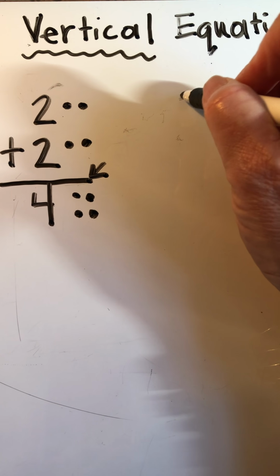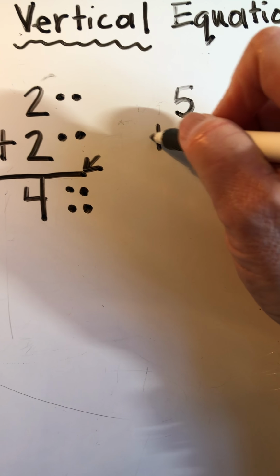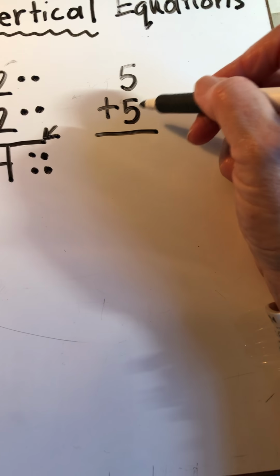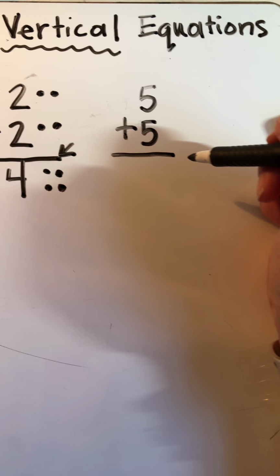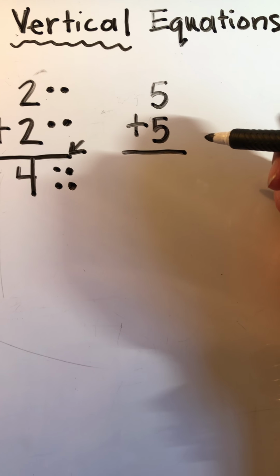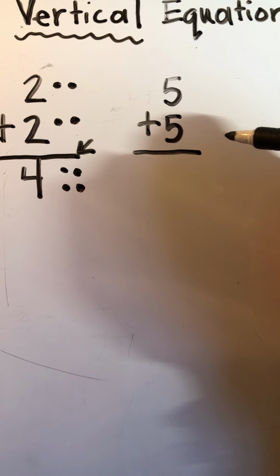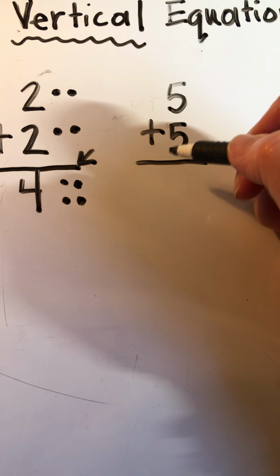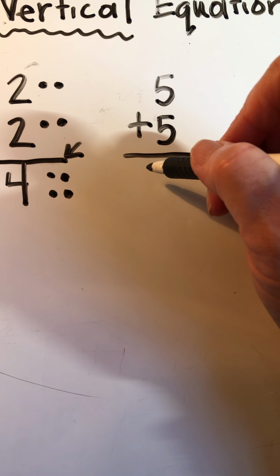I'm going to do another fact that I know you guys all know. 5 plus 5. So what's 5 plus 5? Of course, it's 10. So when I go to write my answer 10, I'm going to be a little bit careful the way I write my answer underneath this line.